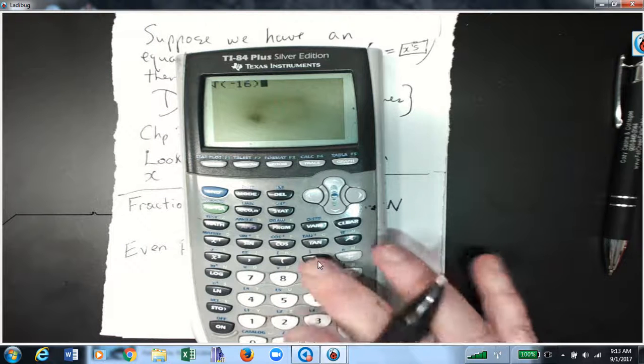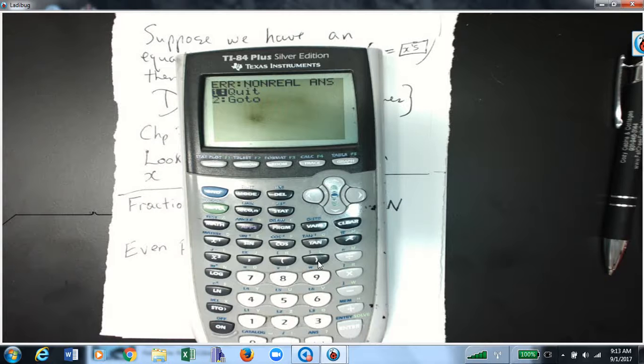If it's negative. If I ask it to calculate the square root of negative 16, I get an error message, and it's telling me there is an answer, but it's not in the real number system. In particular, it's 4i, but we're not concerning ourselves with the complex number system in chapter 3.